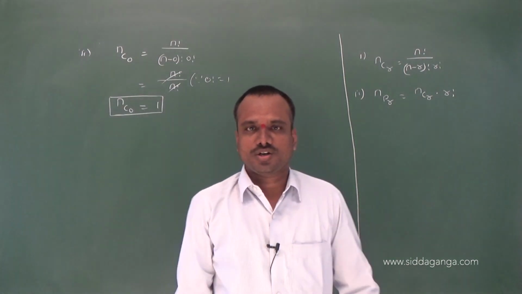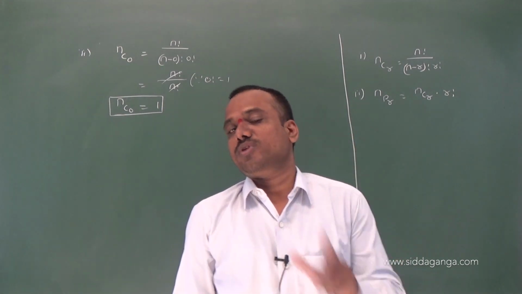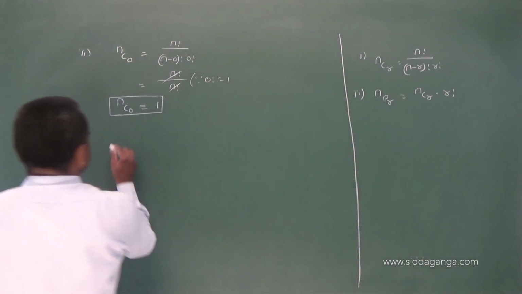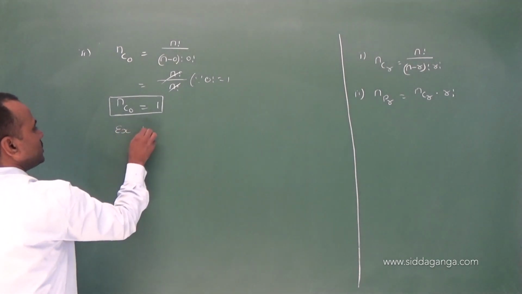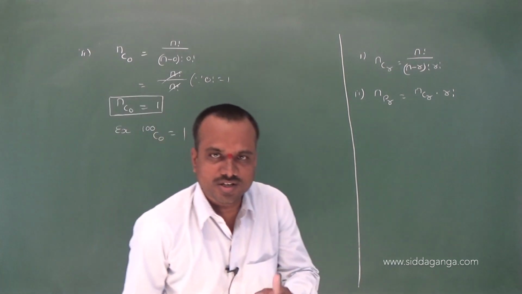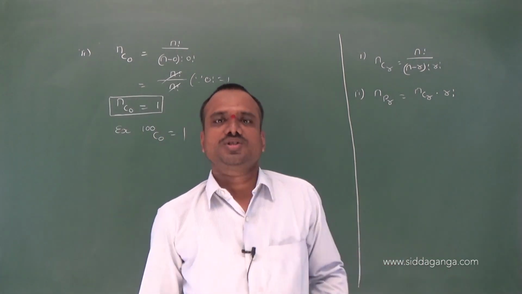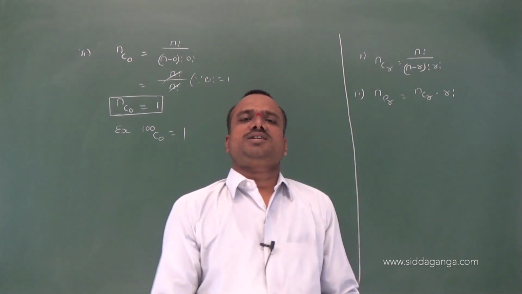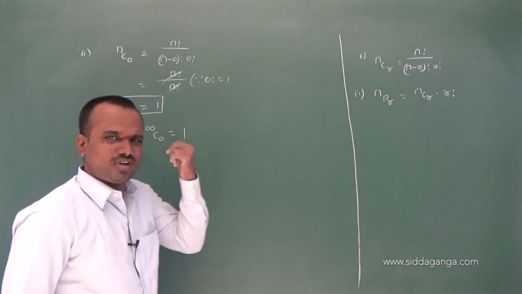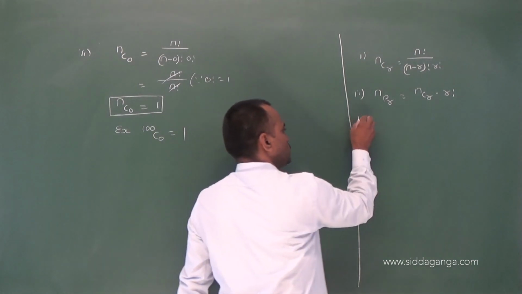Very important result. If r is 0, for example 100C0, directly write 1. 1000C0, 10 lakh C0, it is 1. Whatever the value of n, it is 1.